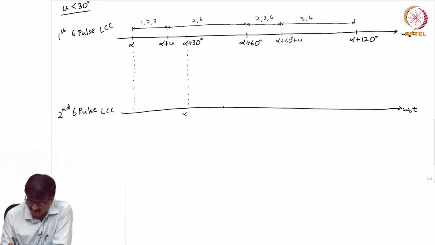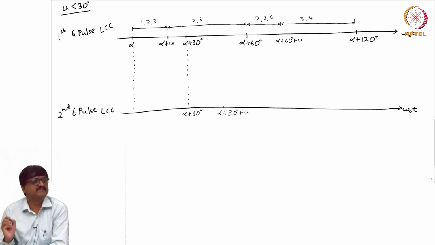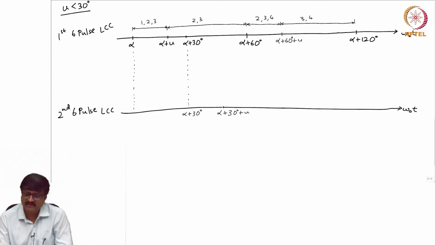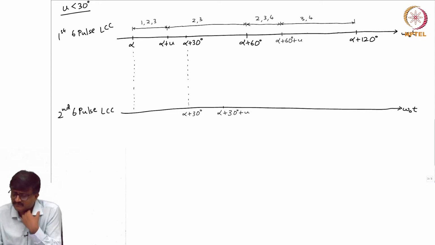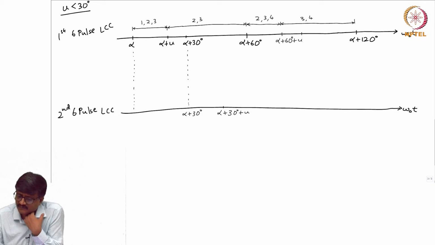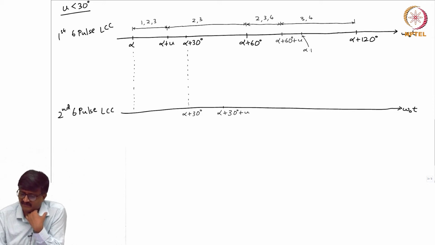So, if this is alpha plus 30 degrees, this is alpha plus 30 degrees plus u. So this instant, which I had not shown earlier, is alpha plus 90 degrees.